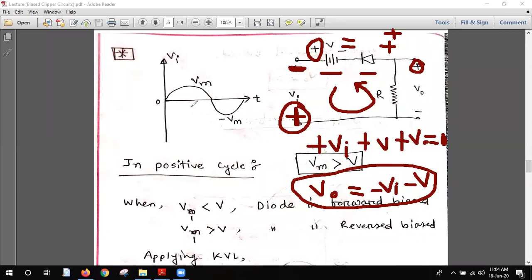So you see that this is the negative cycle. The negative cycle starts from 0. So let's see what happens when the value is 0.